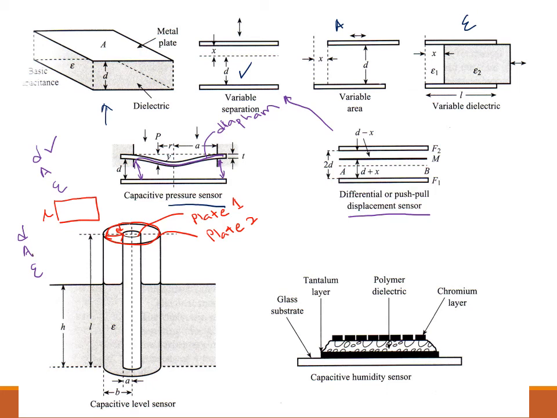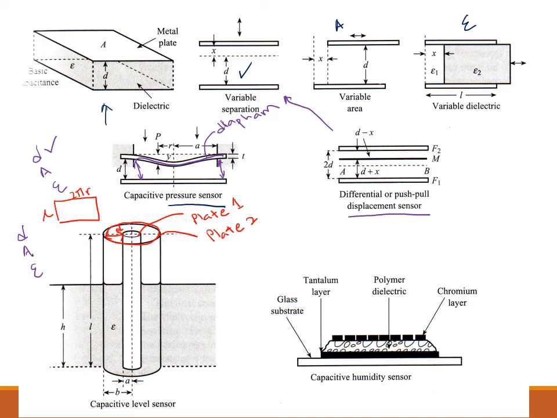The circumference is 2 pi r. So that is the shed area.